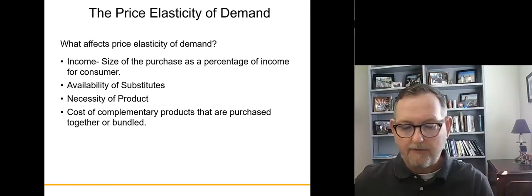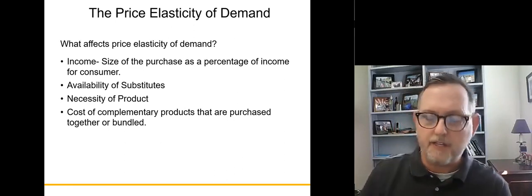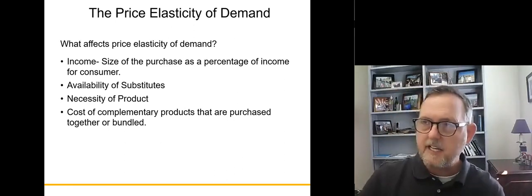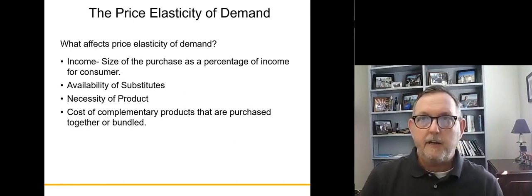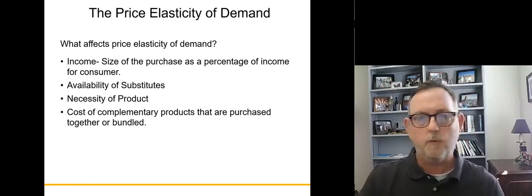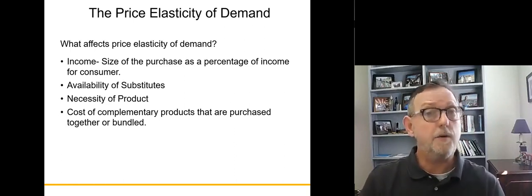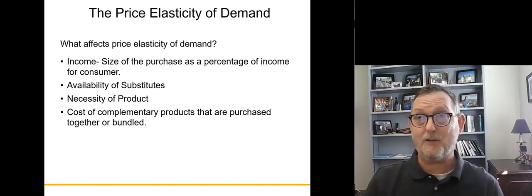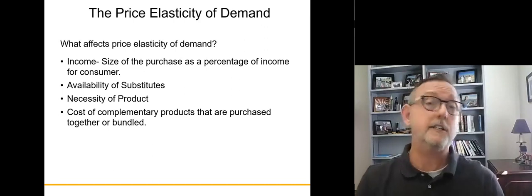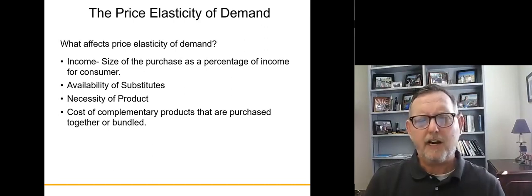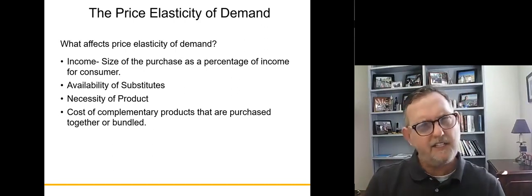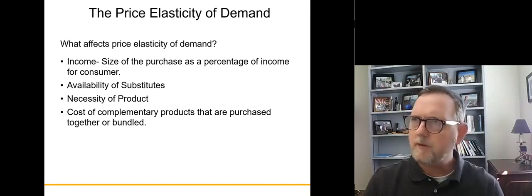Costs of complementary products that are often bought together. This is another thing. So let's say you buy hot dogs. Well, you're likely to buy hot dog buns, right? So let's say I get a good deal on hot dogs, but then I go down the aisle for buns and I see that they're expensive.